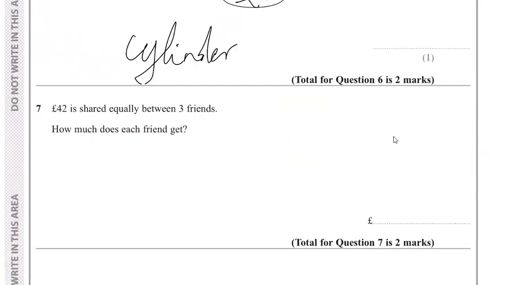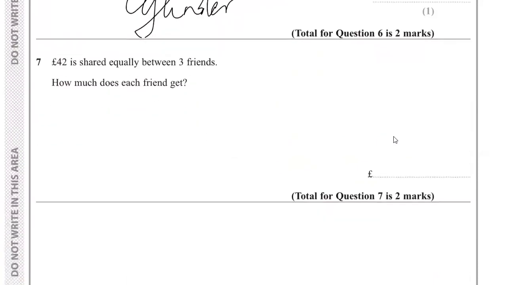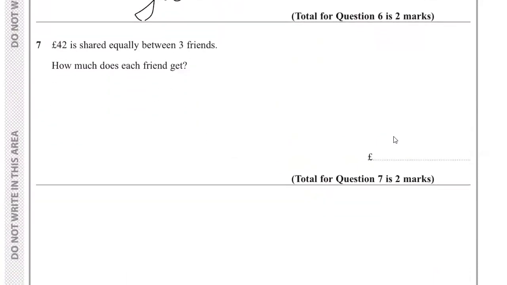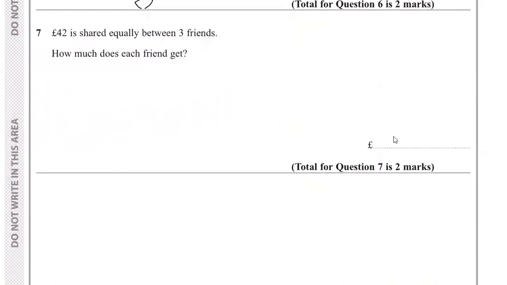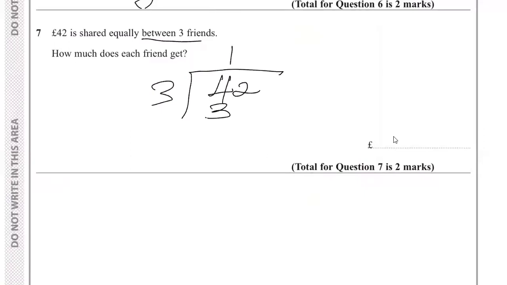Let's look at number 7. It says $42 is shared equally between 3 friends, how much does each friend get? So what we have to do is divide 42 by 3. 3 into 4 goes 1. 3 times 1 gives us 3. And then we subtract. So 4 take away 3 is 1.